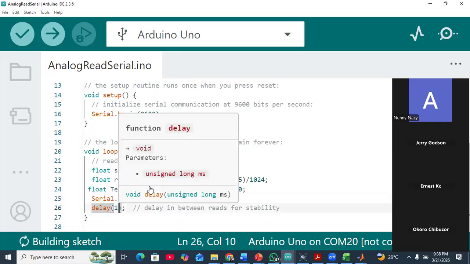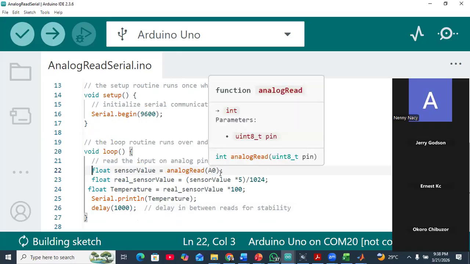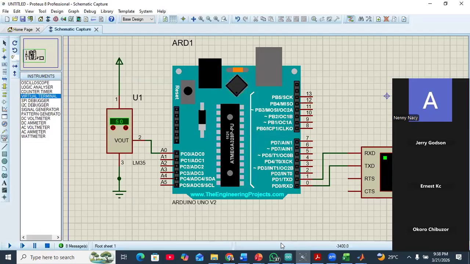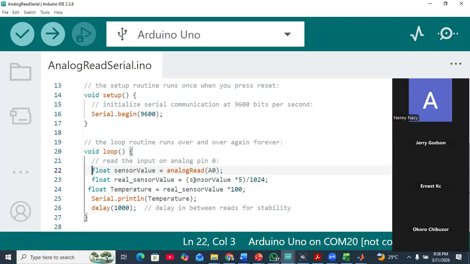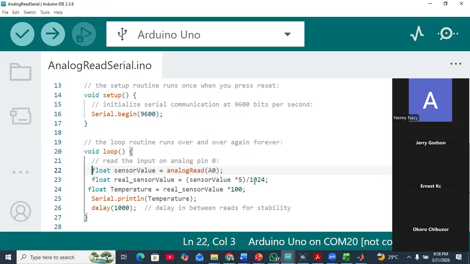So what are we doing? We read the temperature value, which is connected to A0, and then we convert it. When you read it, you will be seeing a value that is 0 to 1024. We don't want it.